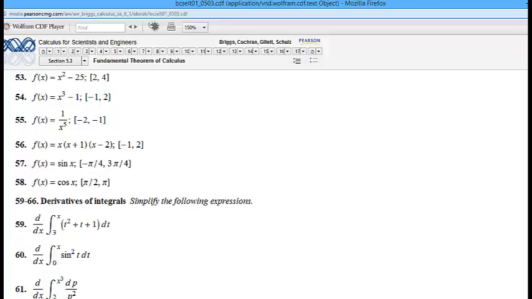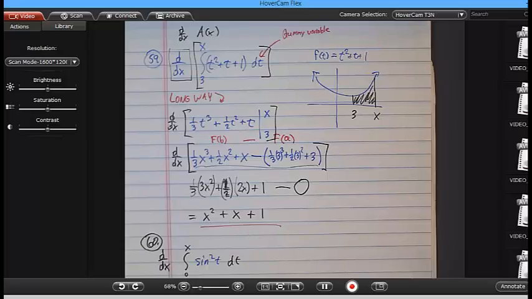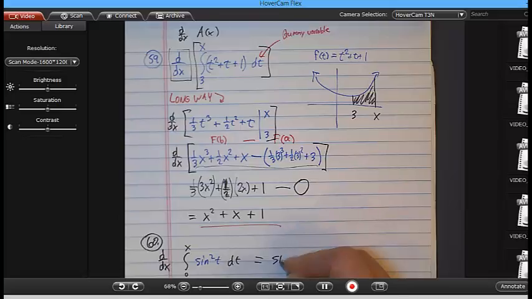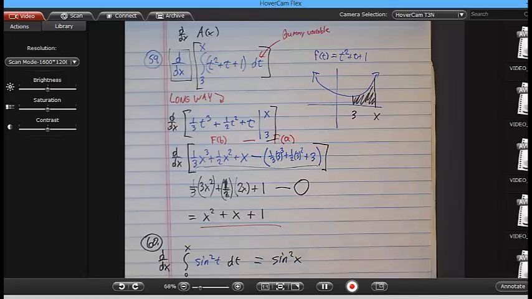So what's the answer? The answer is sine squared x. Ha! That's it. Right? That's what the fundamental theorem tells me. Well, that's nice. It's so simple.